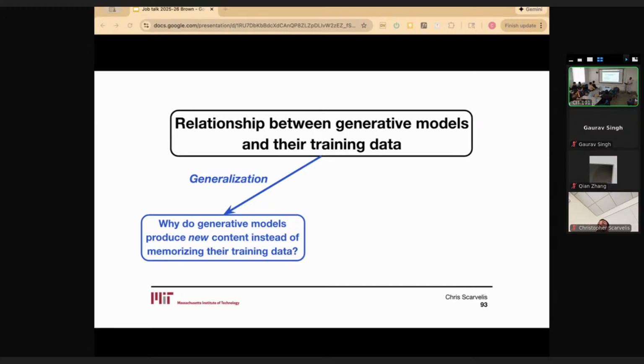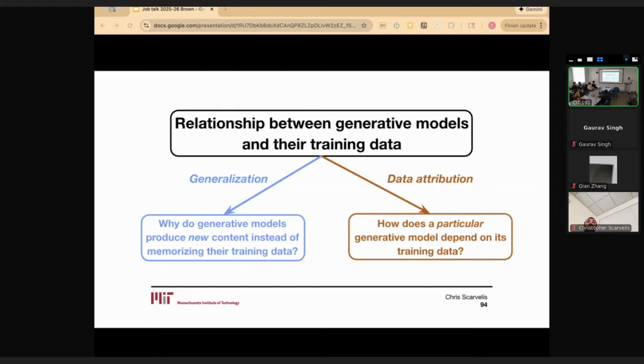In practice, though, this doesn't happen. Generative models can solve novel reasoning problems and generate photorealistic images that couldn't have possibly been in their training sets. We need to understand why generative models can produce new content rather than memorize their training data. That is the question of generalization.